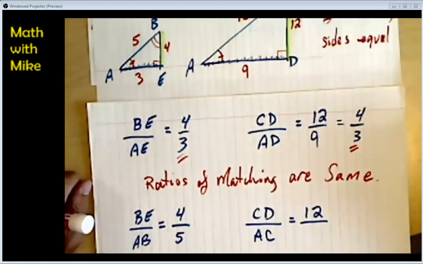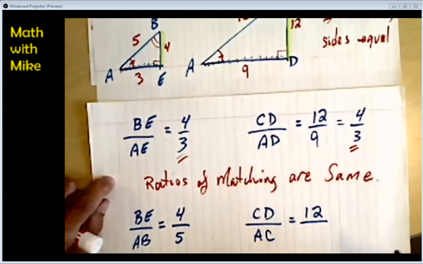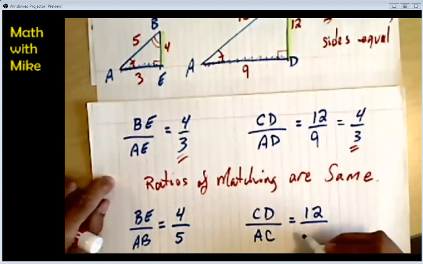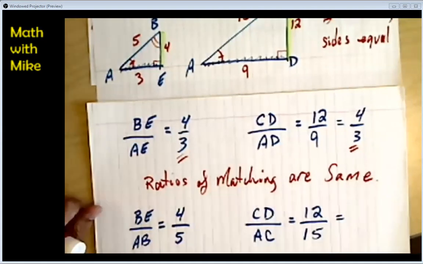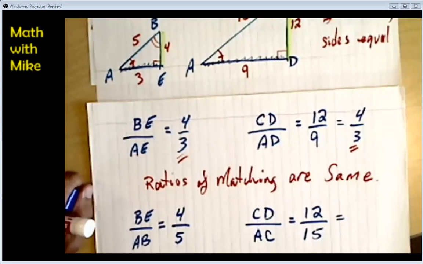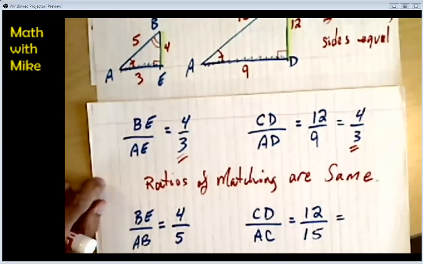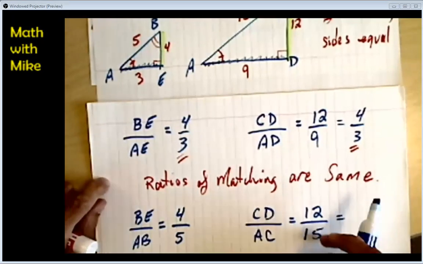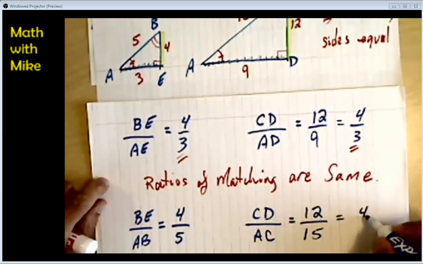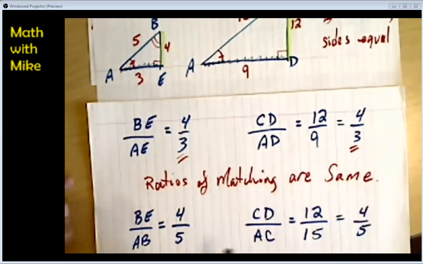AC is how much? Yep, 15. Just different order. So then, making this as small as possible, divide by 3. Yep, 3 goes into both. 4 over 5. So look at that. Those matching sides, or those ratios, they match one another again.